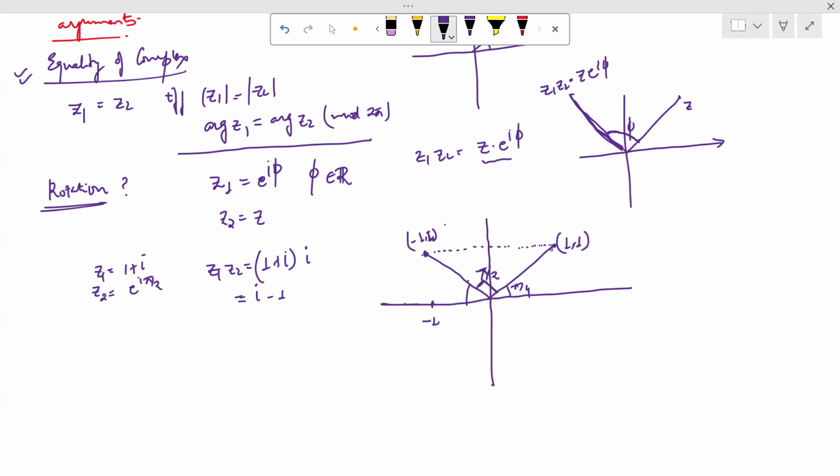So if I want to see how I obtained this particular complex number minus 1 comma 1, I obtained it by just rotating this vector by an angle of pi by 2.